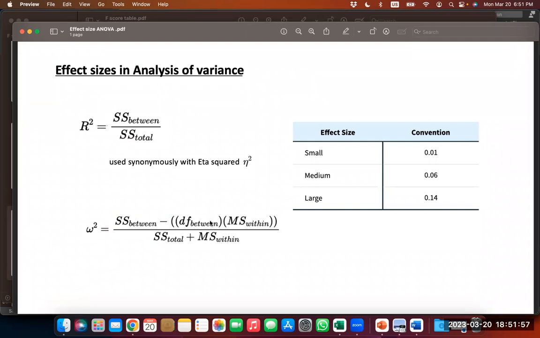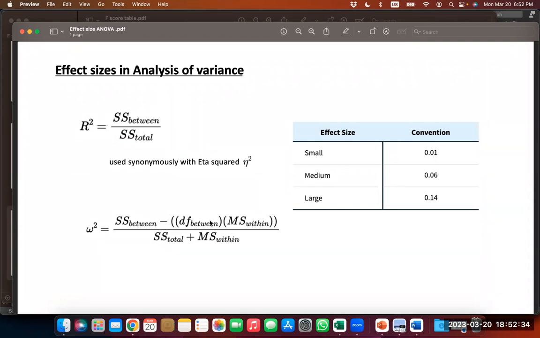So basically it lowers the sum of squares between, that proportion that is put as a weight on the sum of squares between, but taking into account the degrees of freedom between and also the variance within. So it diminishes the effect size and corrects it for the number of groups and for the variance within those groups, because both may have effects on the total variance.